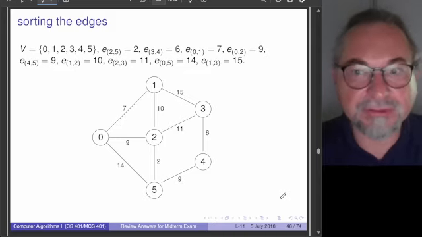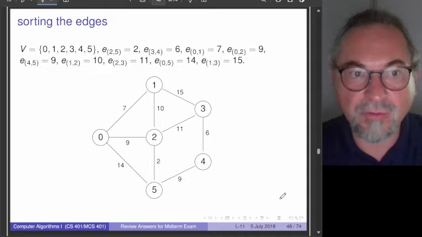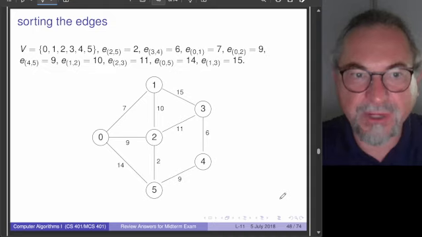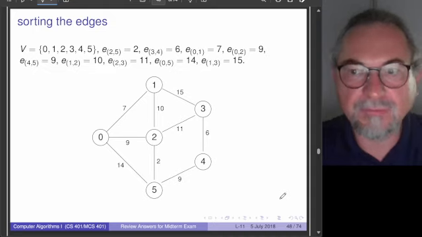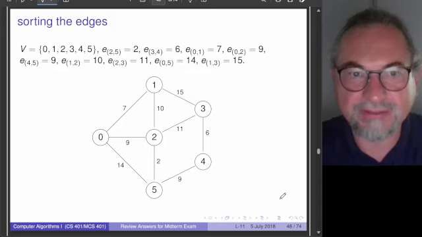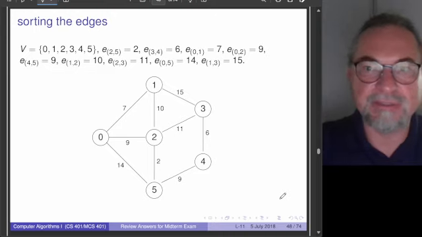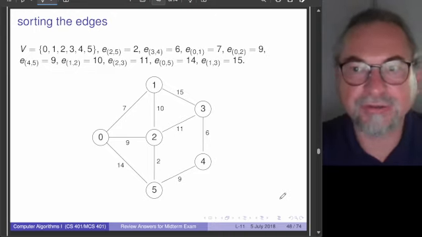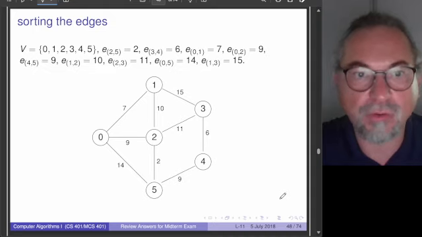Okay, so how does Kruskal work? Well, it's an edge-oriented algorithm. We are starting from a graph where we have sorted the edges. So in some sense, I draw the graph again, but for running the algorithm, it's sufficient that you see the sorted edge collection. So you have to sort a very small set of numbers.